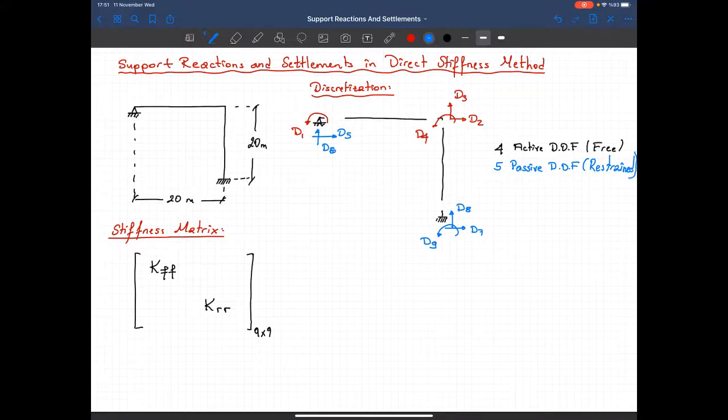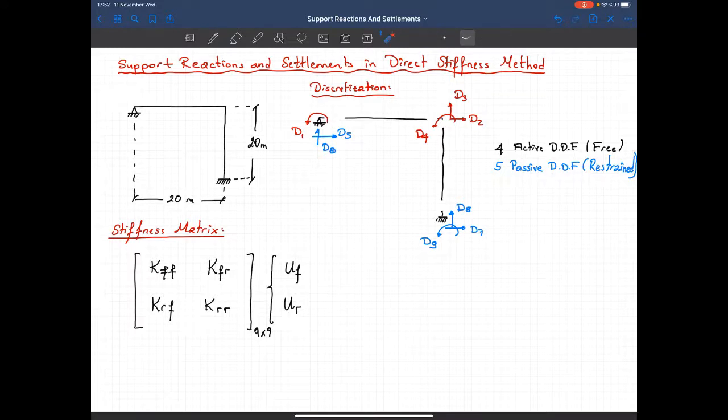Okay, and of course in this matrix we have these terms KFR and KRF, and if I multiply them, for the first part I have the degrees of freedom UF, and I have the restrained degrees of freedom, the displacements that belong to the supports.